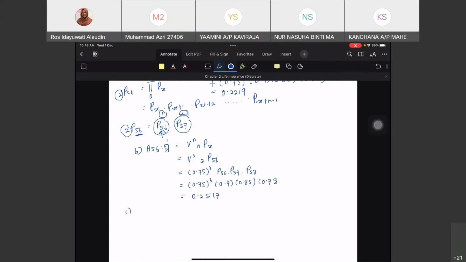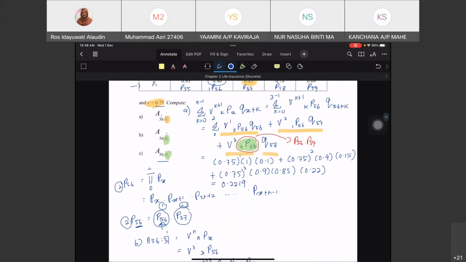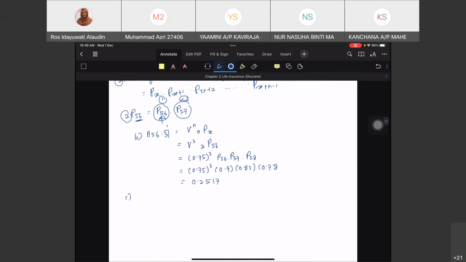So the last one is endowment. For A56, we have to take term plus endowment.